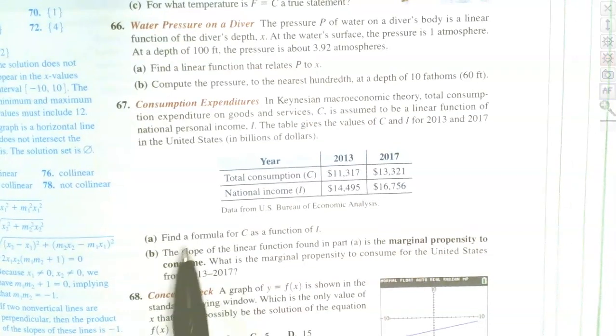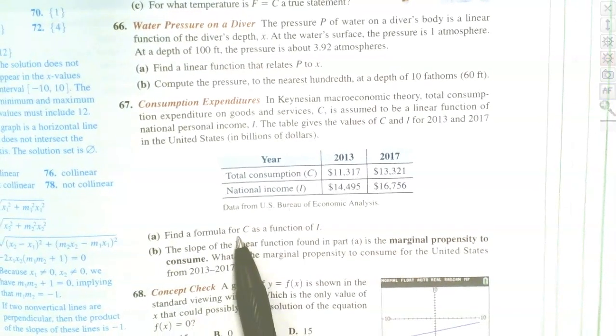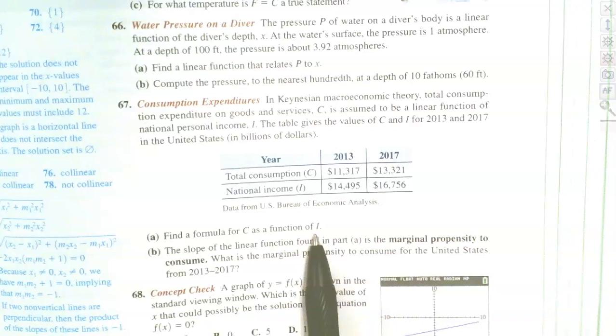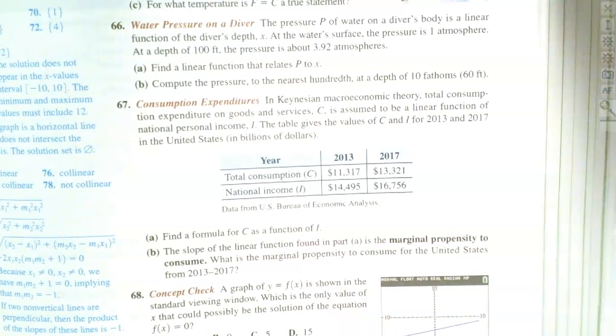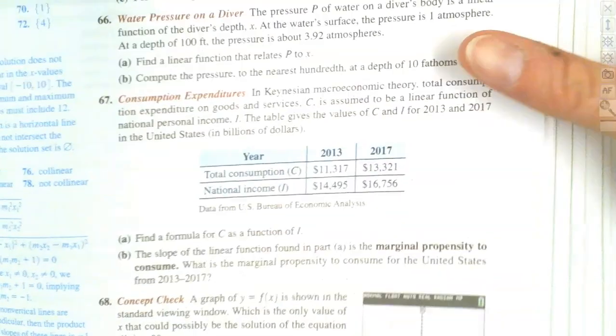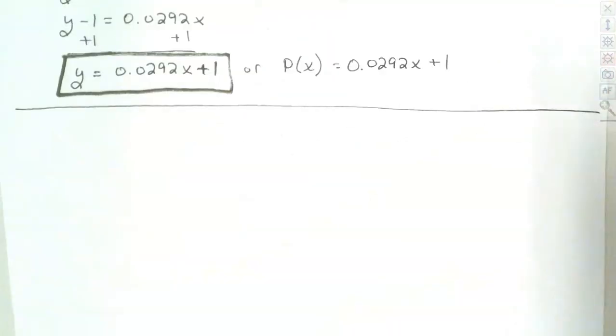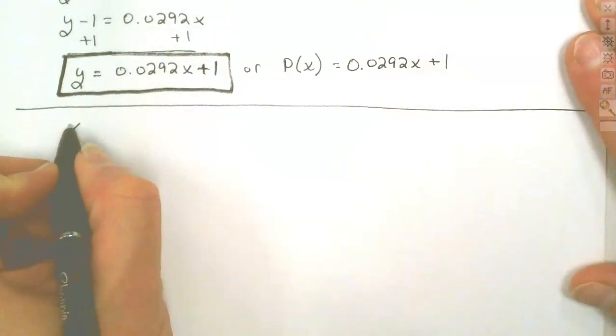So we want to find a formula for C as a function of I. So we want to find a formula that relates that consumption to the income. So we need to make sure that we get everything in the right order. Now it says C is a function of I. So I is going to be like the X. So X is going to be our income.